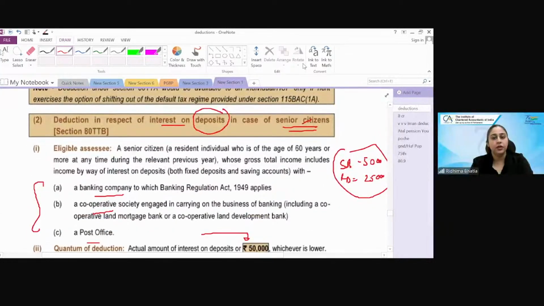Got it? And this was the reason when 80TTB got introduced and the limit was introduced, the 194A TDS rate was also increased.